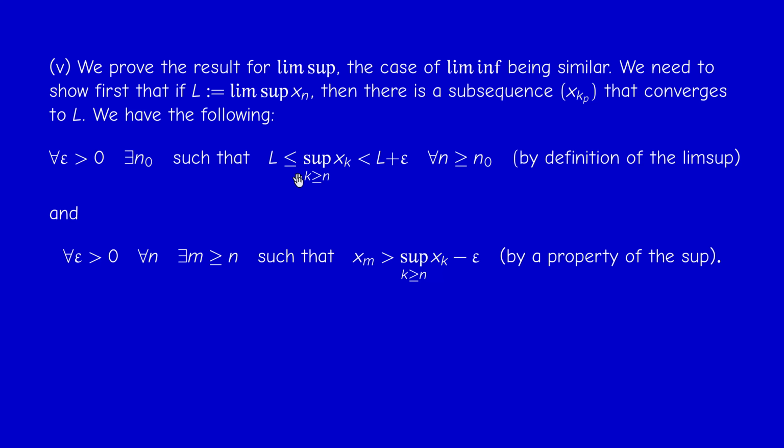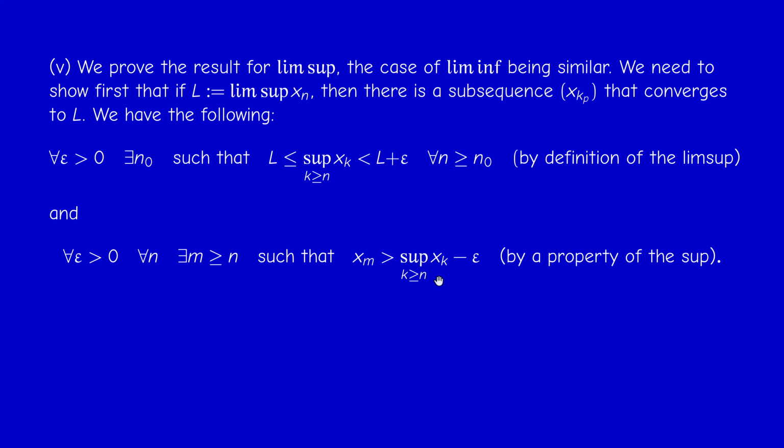By a property of the supremum, when we subtract epsilon from the supremum, it's no longer an upper bound, right? Because this is the smallest upper bound of the set xn plus 1, etc. So we already used this fact several times.